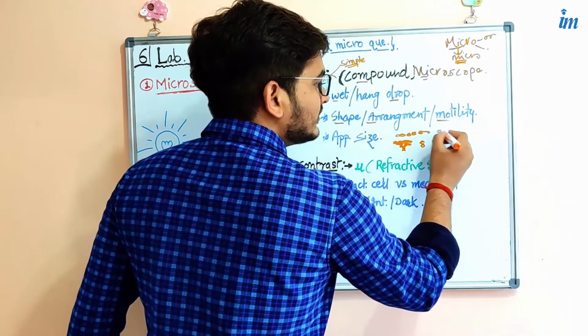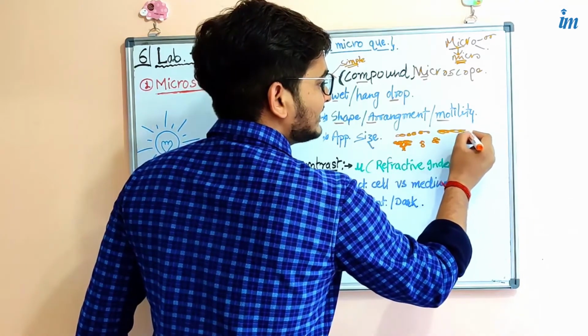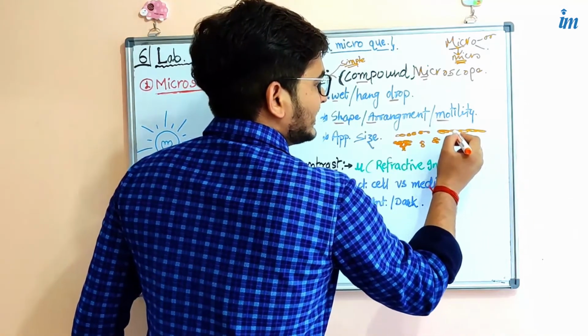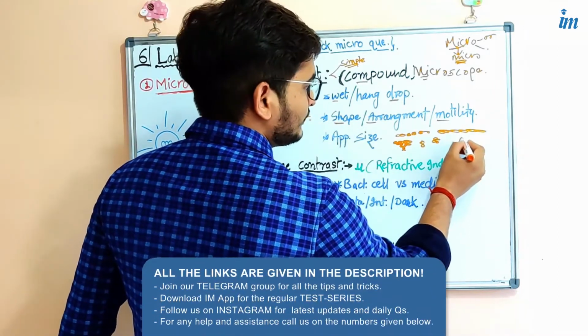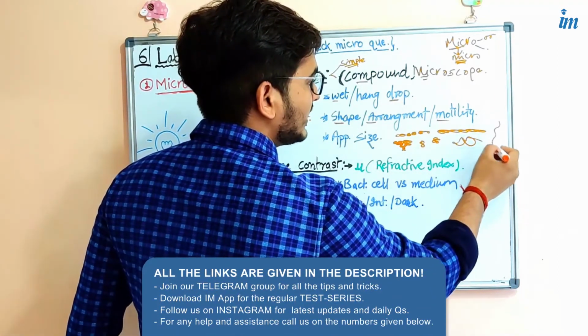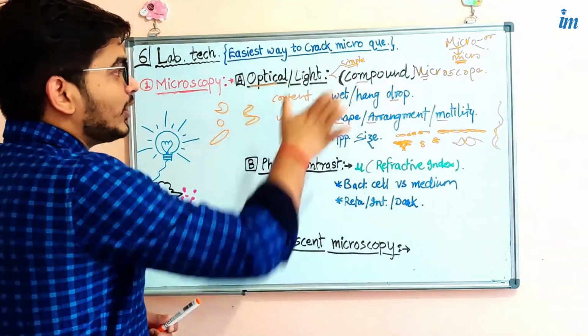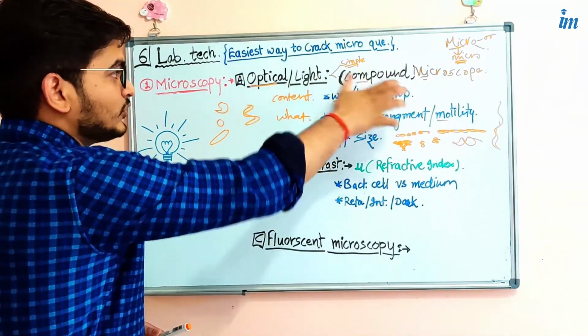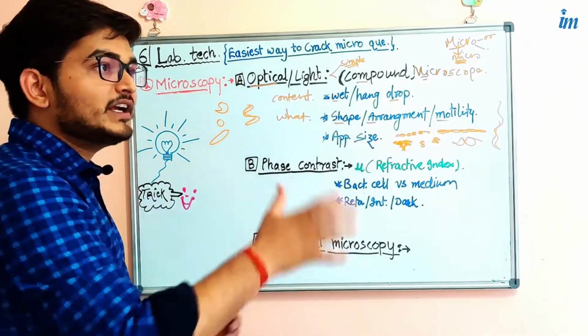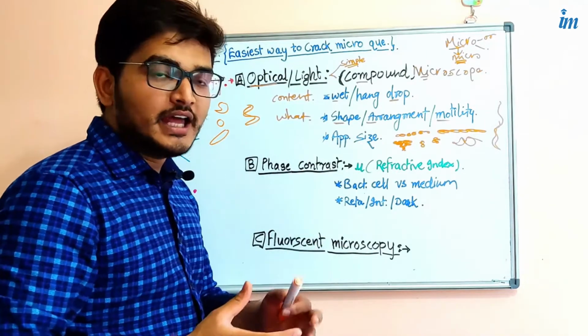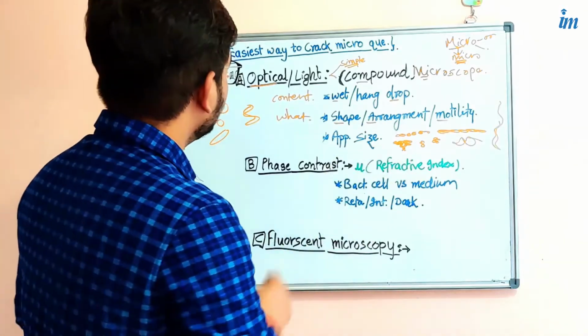Not only coccus, also they may be Bacillus, Vibrio, spirochetes in arranged form. So all these things are possible when you see through the optical or compound microscope. In microscopy, you just have the sample and you observe and analyze.